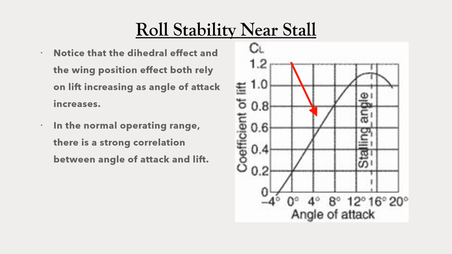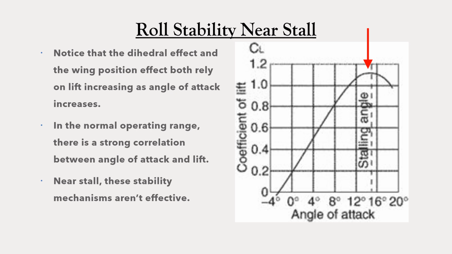Well, in the normal operating range that we fly in, there is a very strong relationship between angle of attack and lift coefficient. However, if we're operating near the stall angle of attack, then that relationship changes. It first flattens out and then lift actually starts to decrease with angle of attack when you get past the stalling angle.